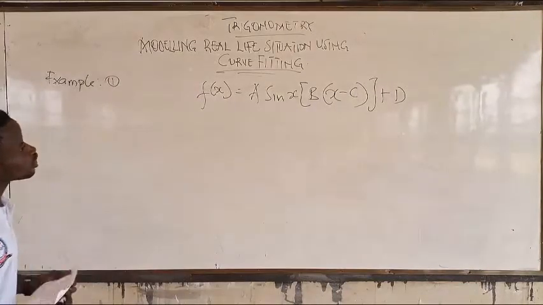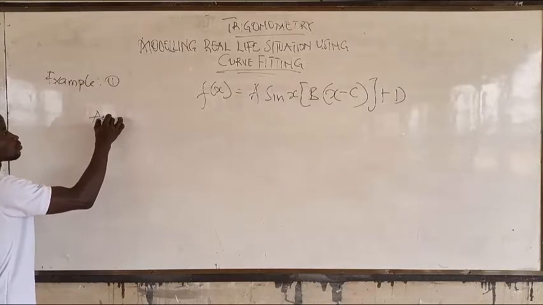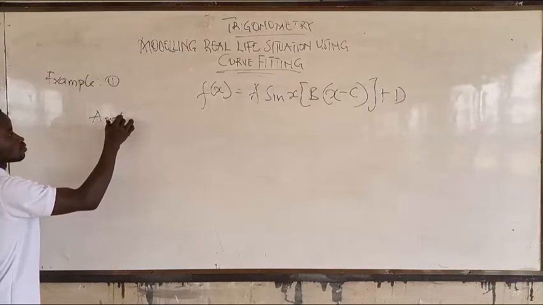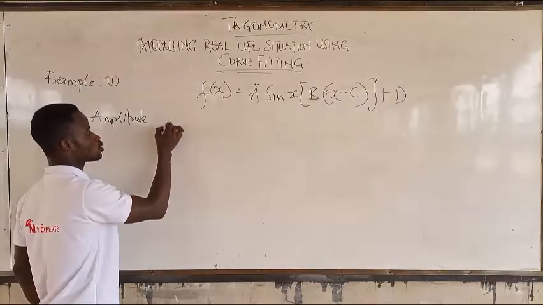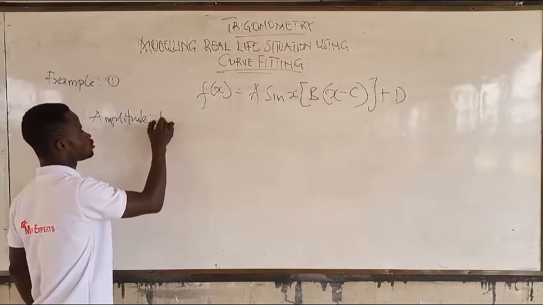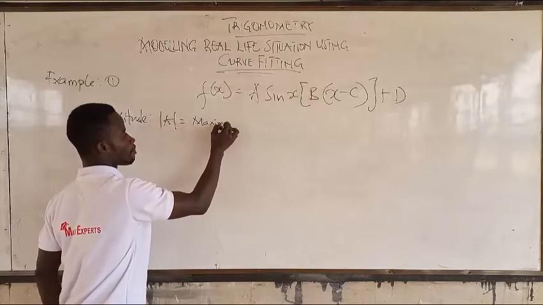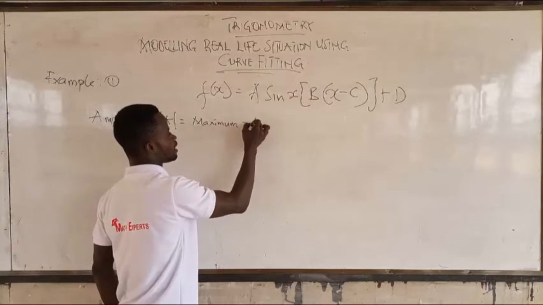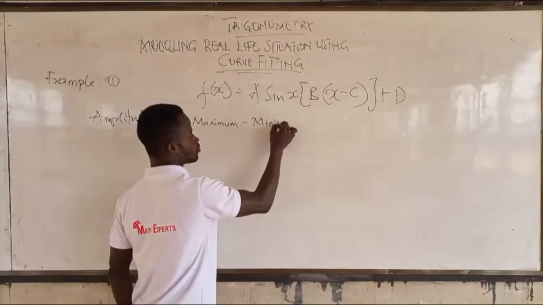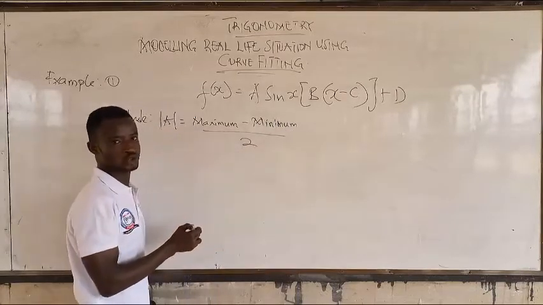Very good. So, for you to get the amplitude, which is A, that is going to be the maximum minus the minimum over 2.